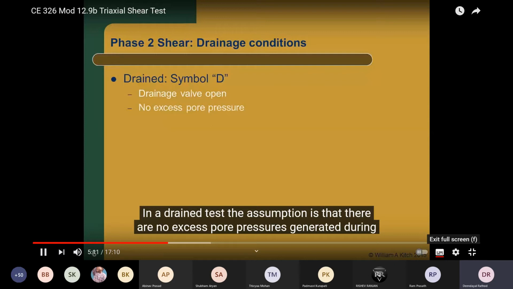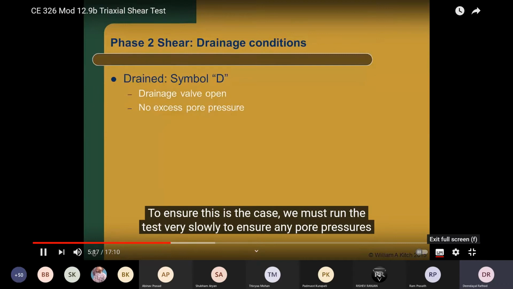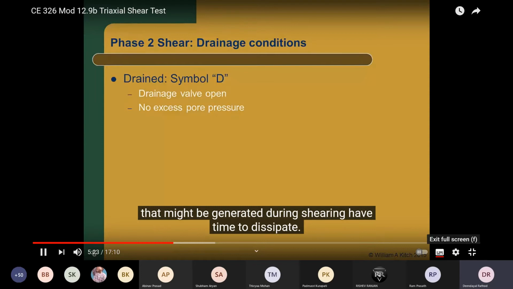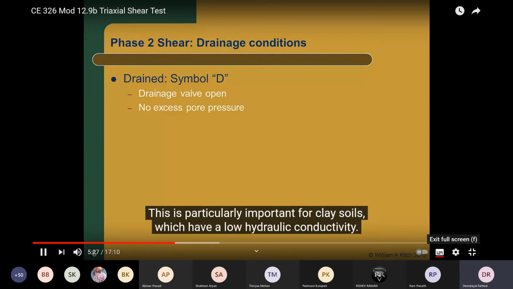In a drained test, the assumption is that there are no excess pore pressures generated during shearing. To ensure this is the case, we must run the test very slowly so that any pore pressures that might be generated during shearing have time to dissipate. This is particularly important for clay soils, which have a low hydraulic conductivity.